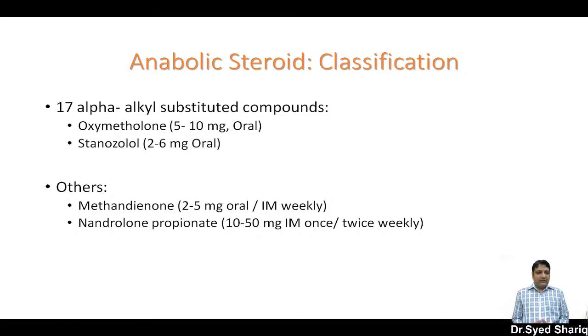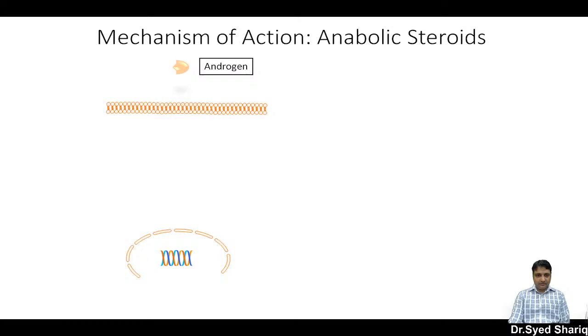The newer ones have a 17 alpha alkyl group, and when this 17 alpha alkyl group is added, they can be used orally as well. So there is stanozolol which is given orally. So we have both compounds which can be given orally or which can be given IM. These compounds are used in different conditions.